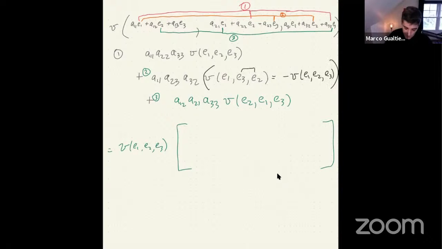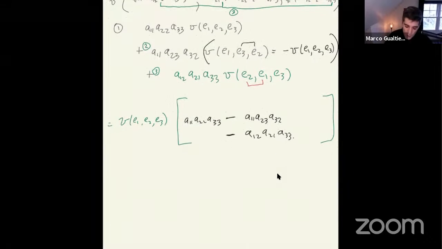Okay, and so that means that I can put here A11, A22, A33. And then the next term will be with a minus, A11, A23, A32. And then for this one, I need to switch these two. So that's one switch. And so I'm going to get a sign, which also is minus, A12, A21, A33.